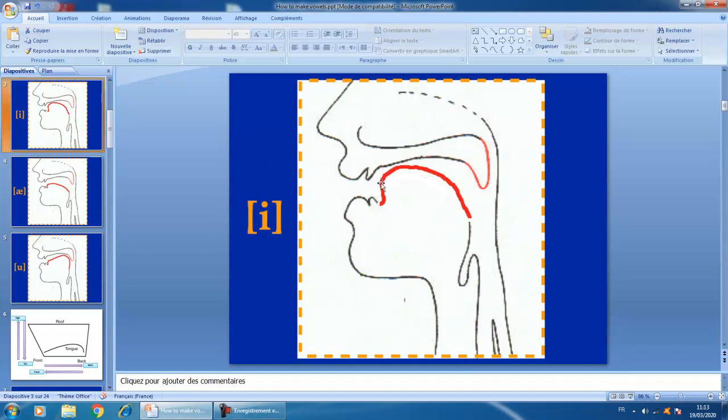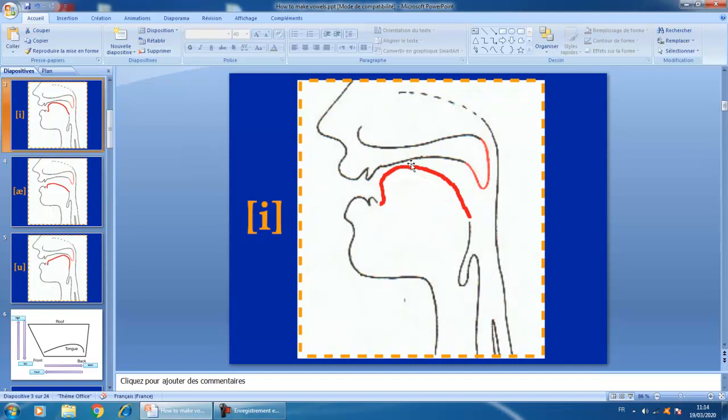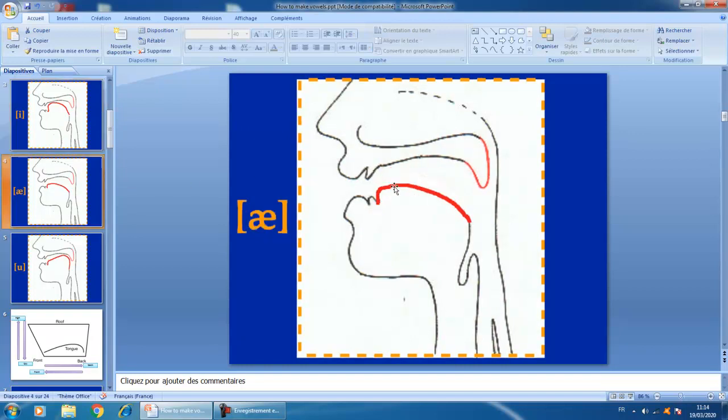E is said to be a high vowel because we raise our tongue towards the roof of the mouth. But for A, look, the tongue is lowered. So E is called a close or high vowel, but A is called an open or low vowel.